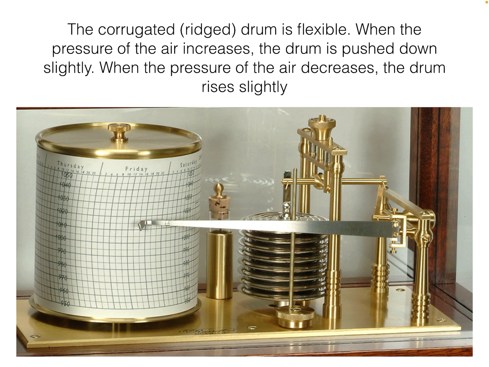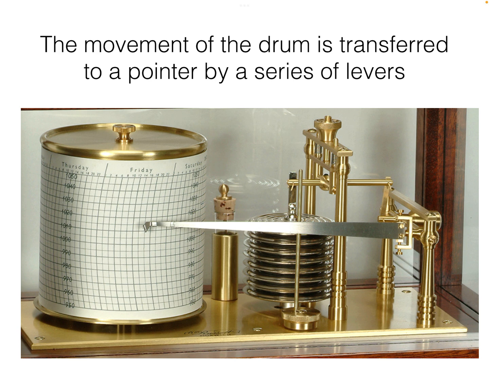So as the air presses down on the corrugated small drum in the centre, that will move up and down depending on whether the air pressure gets light or heavy. That moves the lever, which has ink on it, and that marks off the atmospheric pressure. It marks off the movement of the drum on the sheet of paper, okay?